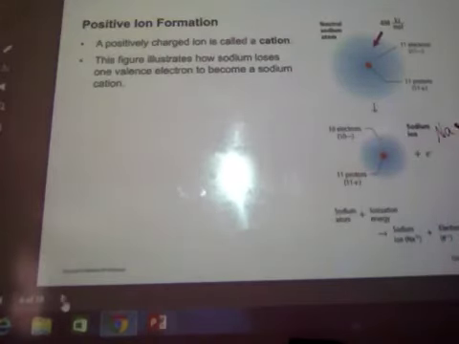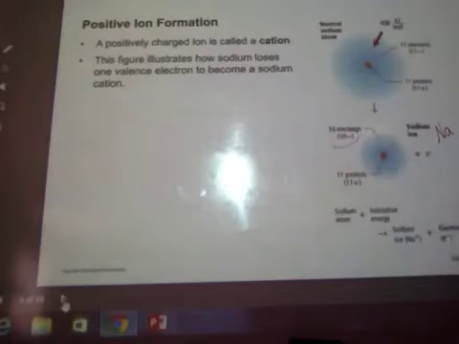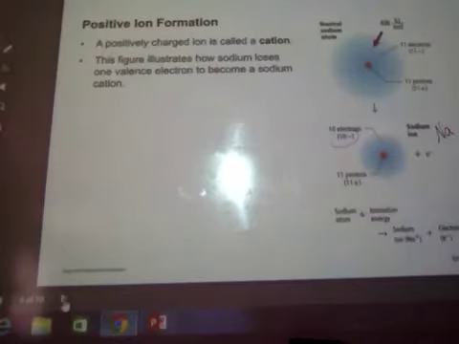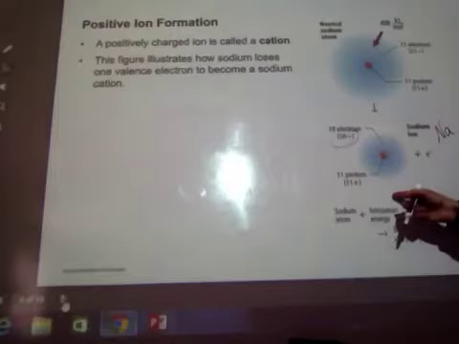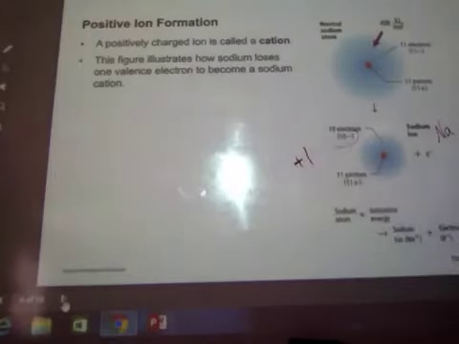If I do an electron dot diagram, sodium has one valence electron, it's in group 1. It's going to lose that electron, which now means it has 10 electrons. It still has 11 protons, so it's going to have an overall charge of +1 because it has lost an electron.